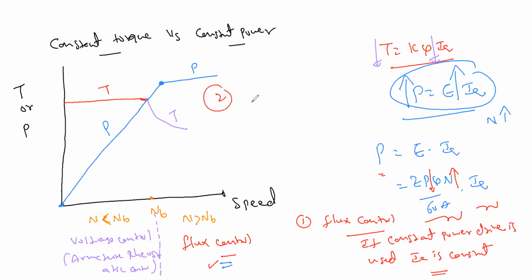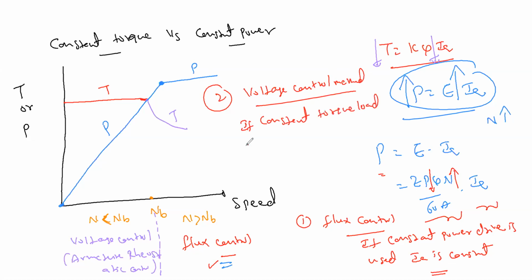Second point: in the voltage control method, the armature rheostatic control method, if a constant torque load is used, IA is constant. Understood? That's what we are doing here.